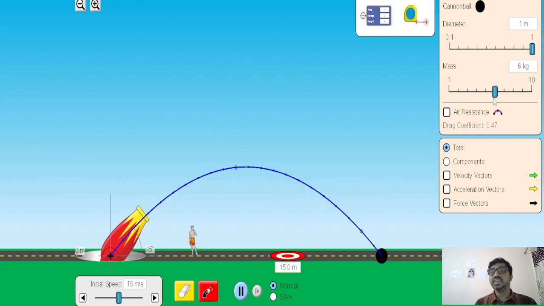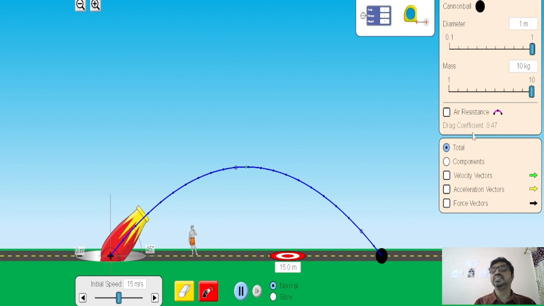You take 1 kg mass and project it, there's no difference, it will continue in the same path. Or you take 10 kg mass, you project it, it is going to continue in the same path. So the path will not be affected by the diameter or the mass of the cannonball. That is the ideal situation, when air resistance is neglected.